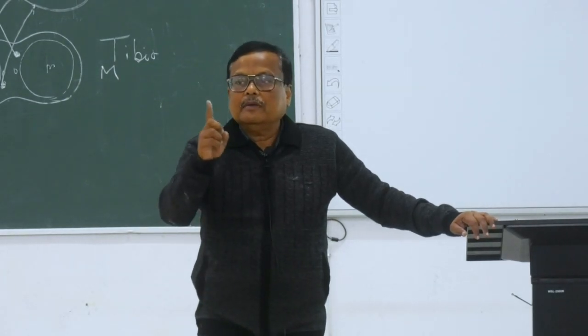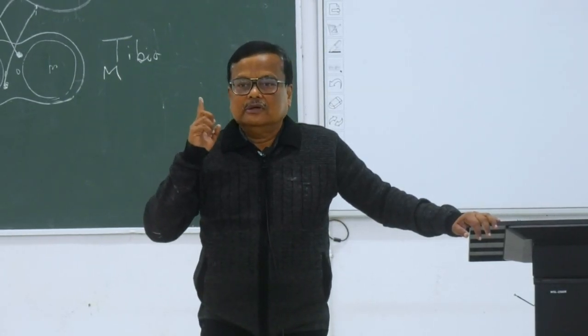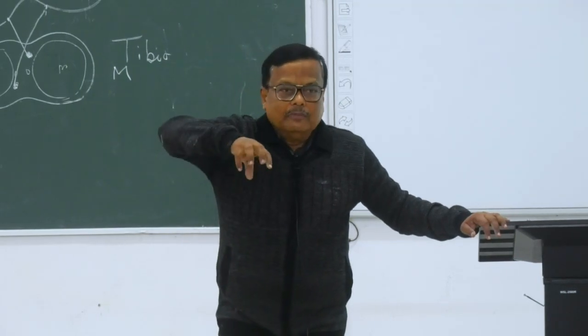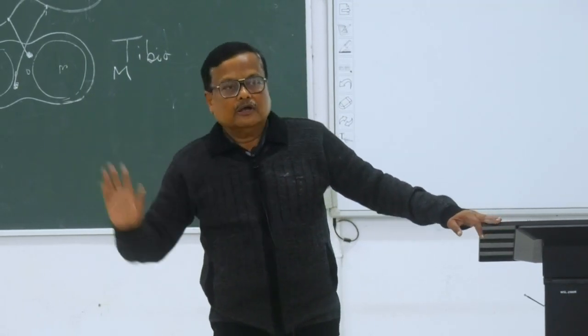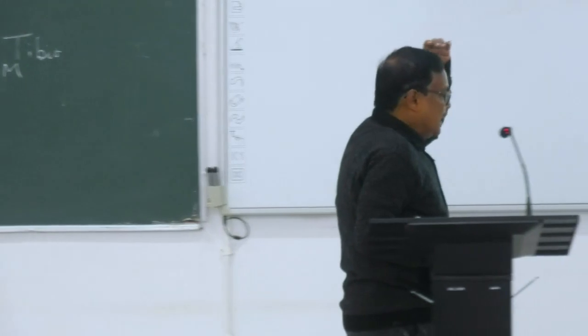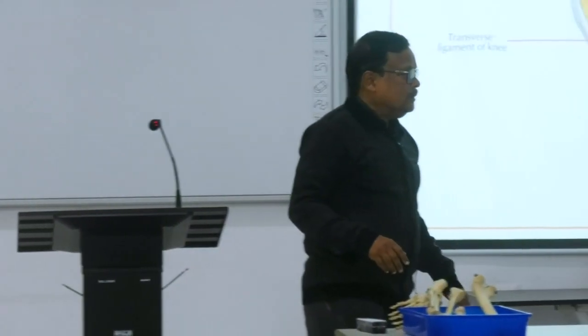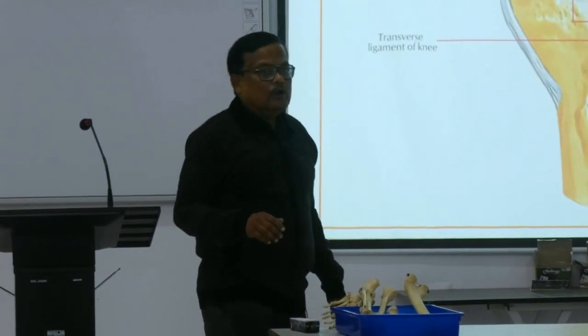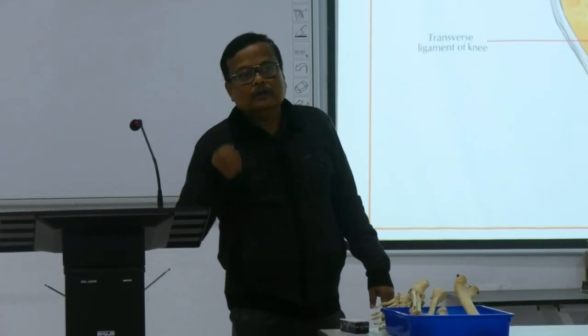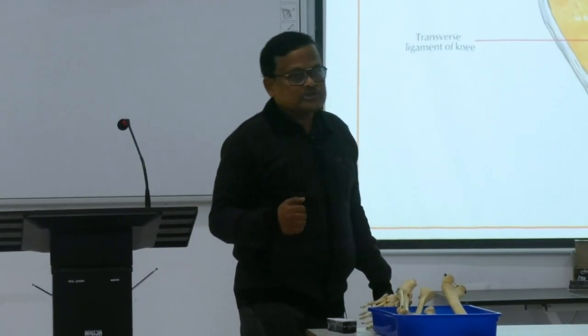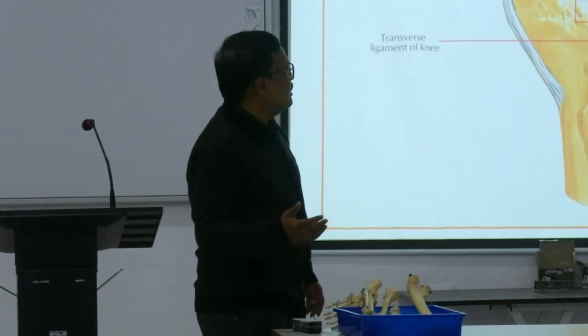So the anterior cruciate ligament acts as a fixed axis on which the femur rotates. So the anterior and posterior cruciate ligaments are very important. Often they are torn during rough sports like football, rugby, etc.